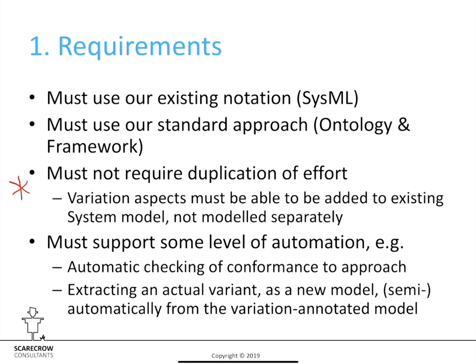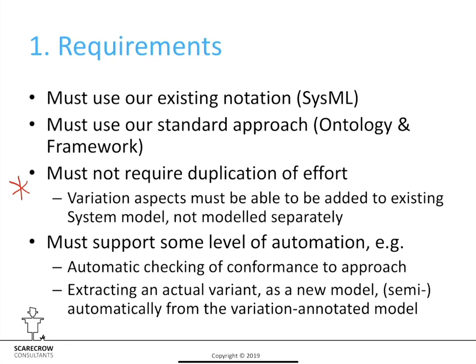One thing we wanted to be able to do was, once you'd marked up a model with variants, to actually be able to pull out particular variants that you defined as a new model that you could then work on.